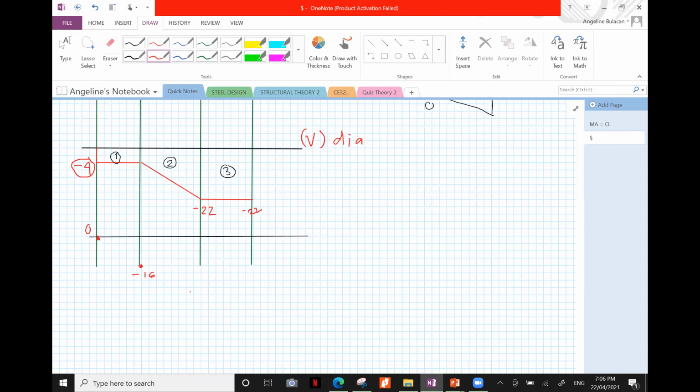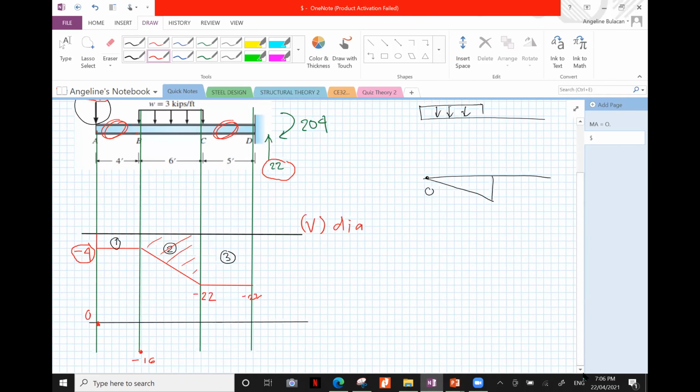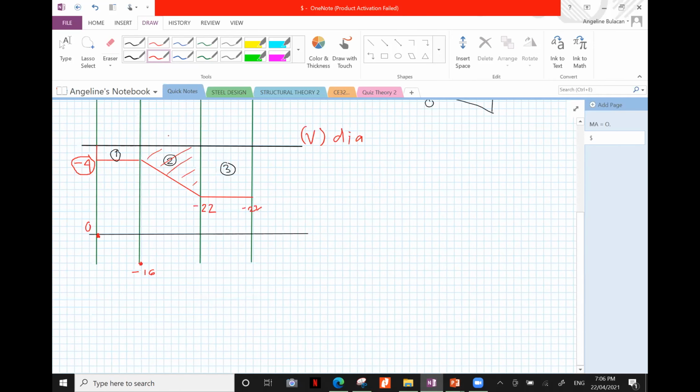So, negative 16 minus this area 2, which is a trapezoid. Ano ba yung distance? Distance is 6. So, trapezoid, we have 4 plus 22 over 2 times the distance, 6. Negative yan, so we have negative 94.